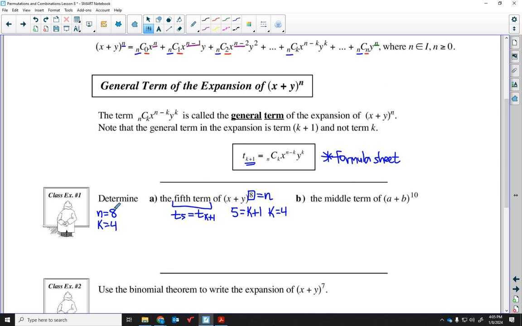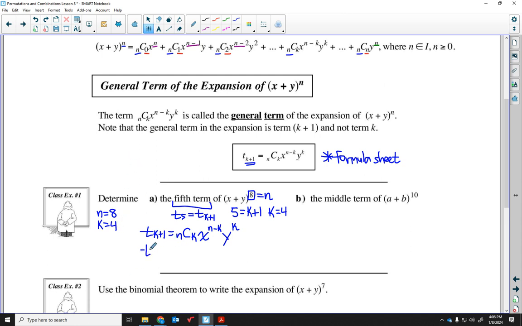We'll write that over on the side here. Now that you know the value of n and the value of k, we can use this general term formula to figure out the fifth term. So let's write it down. t subscript k plus 1 is equal to n choose k, x to the power of n minus k, and then y to the power of k. Since we know n and k, we can just sub them into the equation.